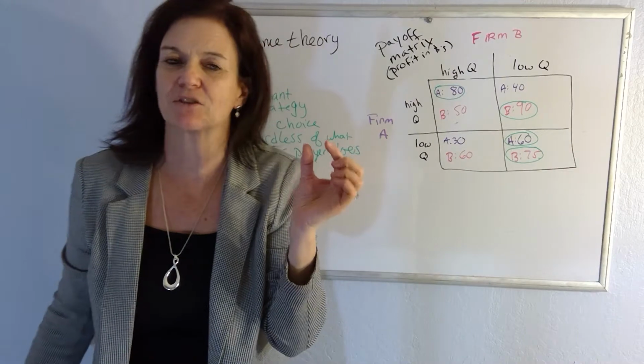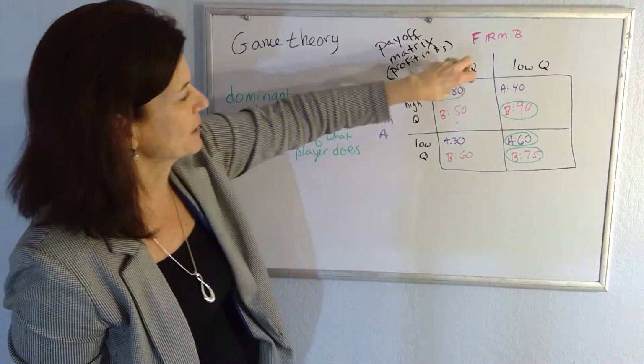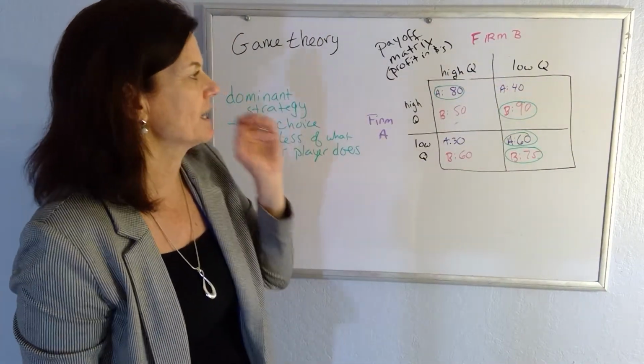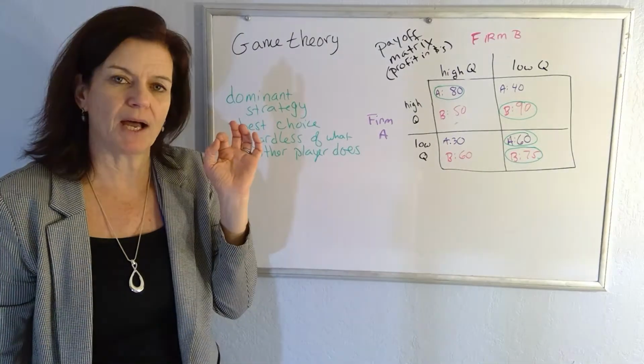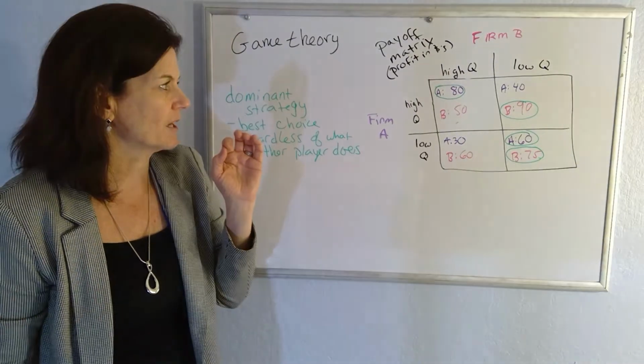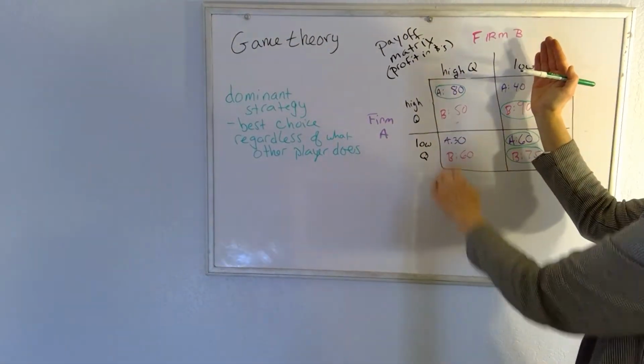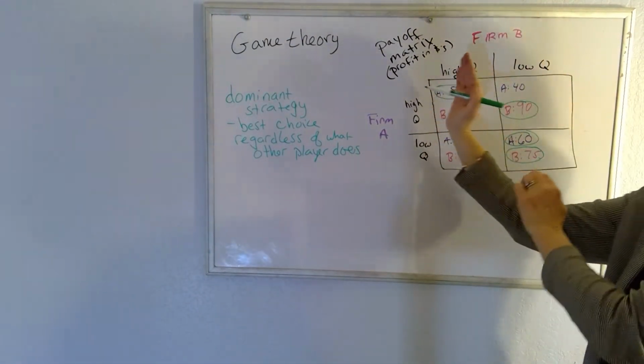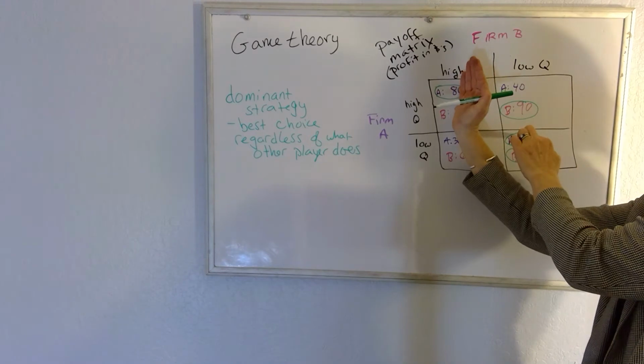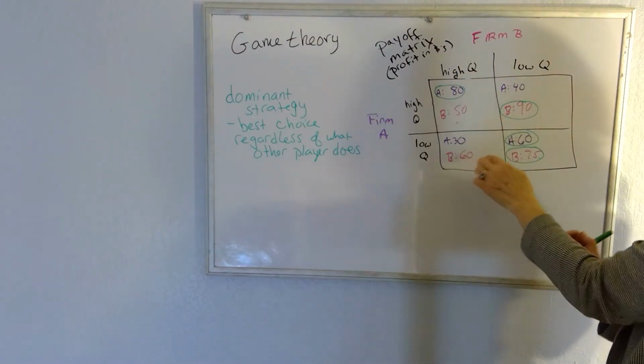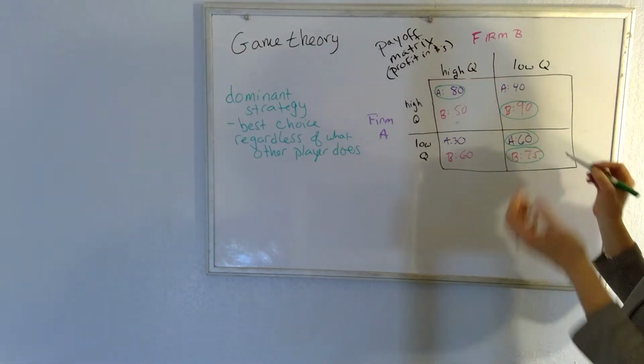That is their best response. What I circled here in each of these cases is showing each firm's best response to the choice of the other. If B goes high, A's best response is to go high. If B goes low, A's best response is to go low. And in either case, B's best response is to go low.